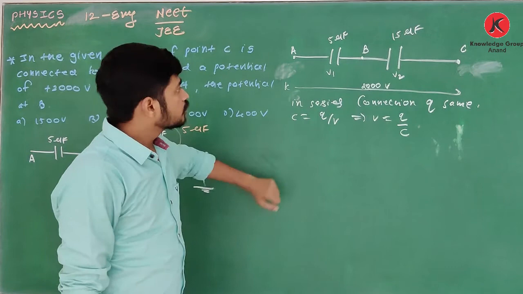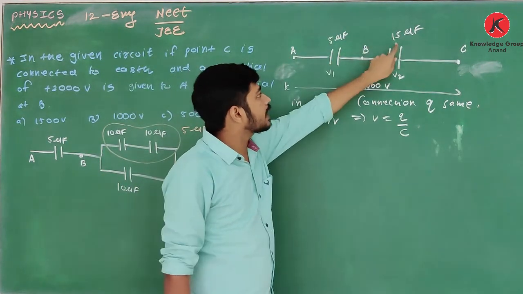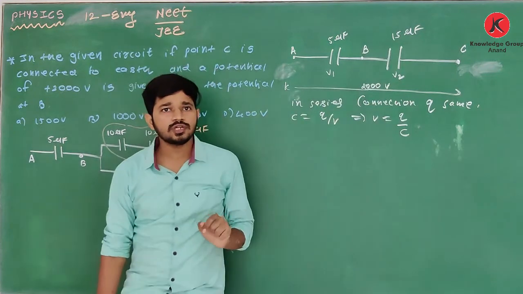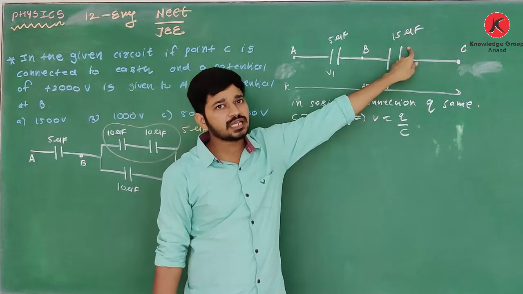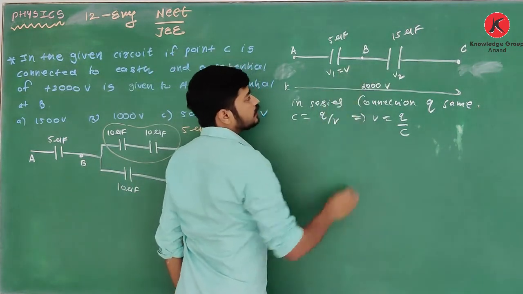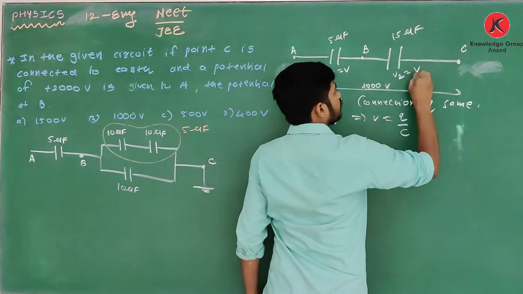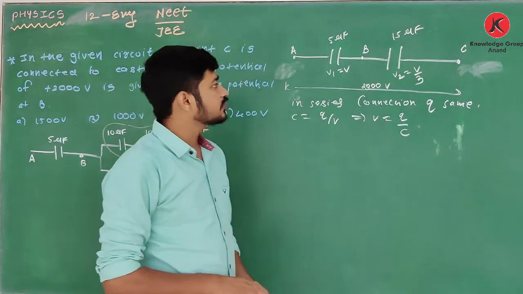Here it is 5 and it is 15, so its capacitance is 3 times. So if I assume V1 is equal to V, then V2 is equal to V by 3. Why V by 3? Because V and C are inversely proportional to each other.